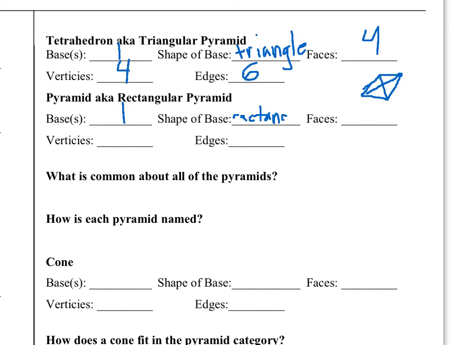It may look like a square, but we don't know. So the shape of our base is a rectangle. That also tells us how to draw the shape. Remember, we draw our one base, a rectangle, whatever kind of rectangle you want. Draw your one point that is opposite of that base, and connect.